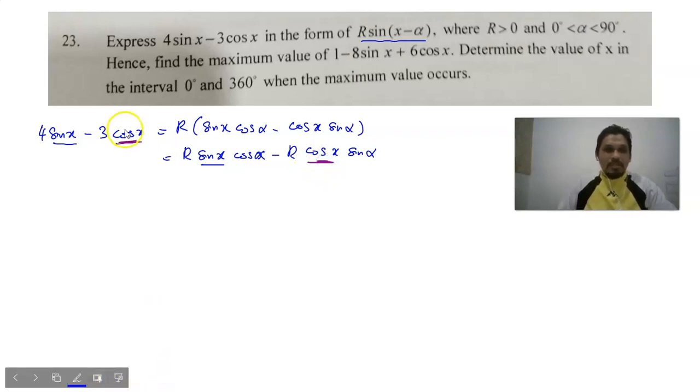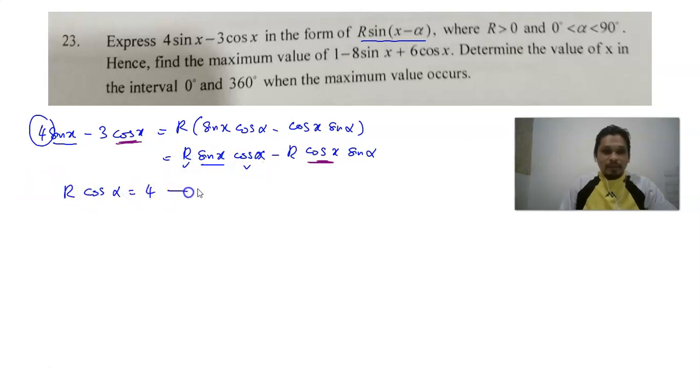Then we can determine that 4 equal to r cos alpha. So r cos alpha equal to 4, equation 1, and r sine alpha equal to 3, equation 2.